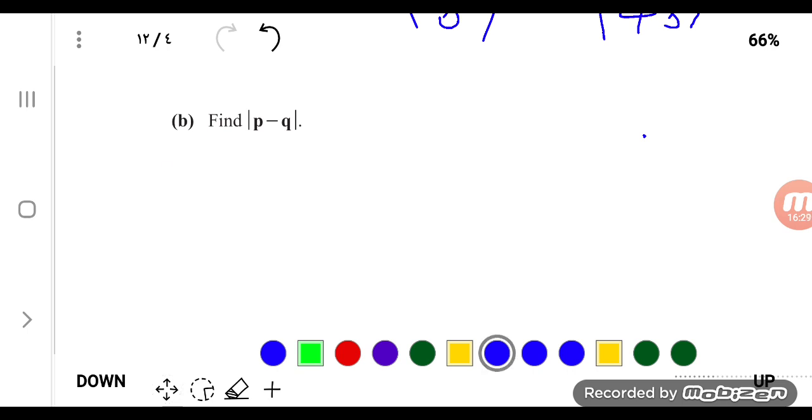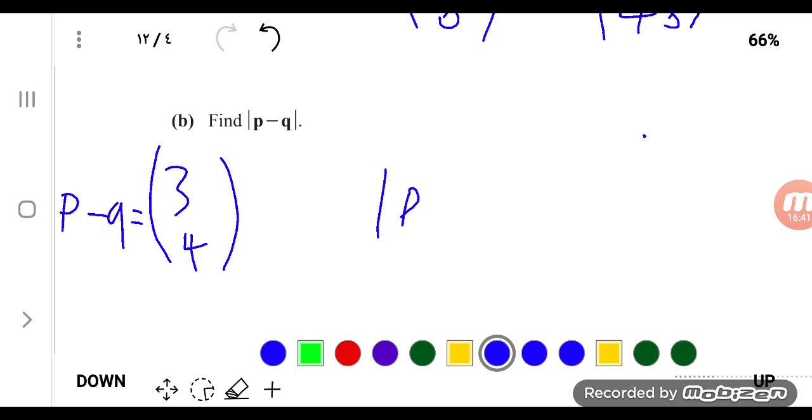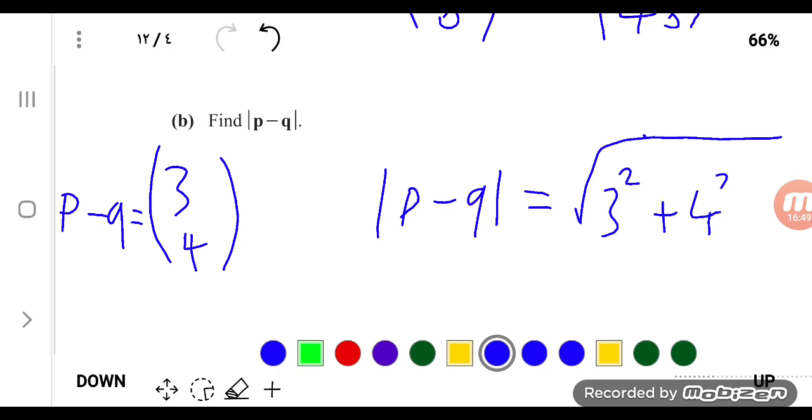That's the vector p minus q. The rule here is under the root 3 squared plus 4 squared, and that will be 5 on the calculator.